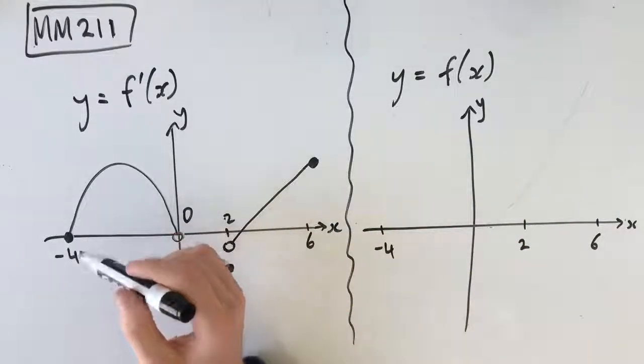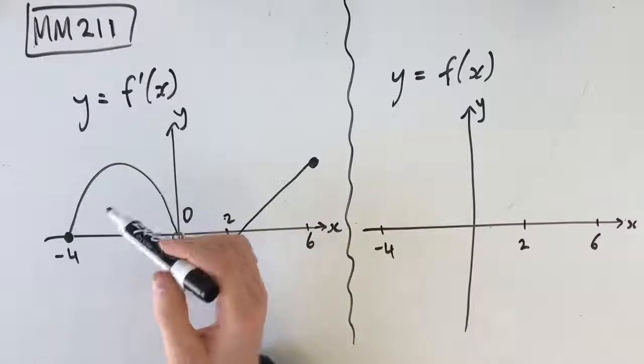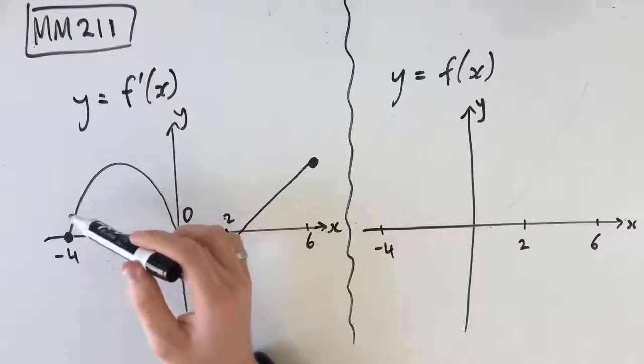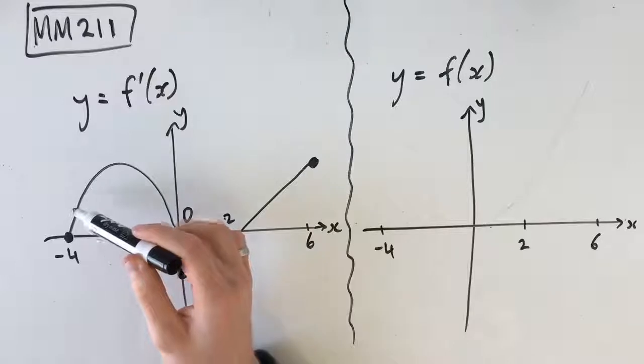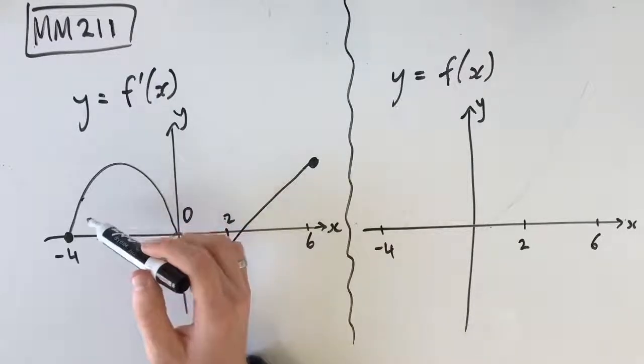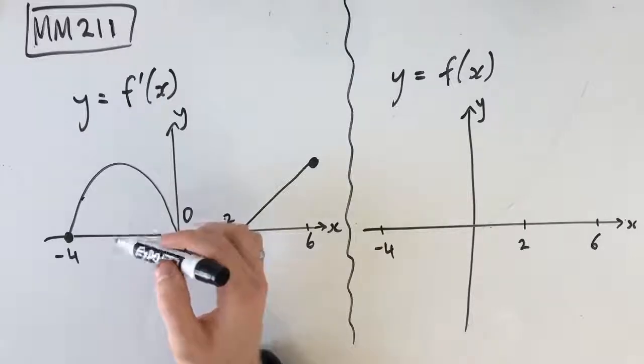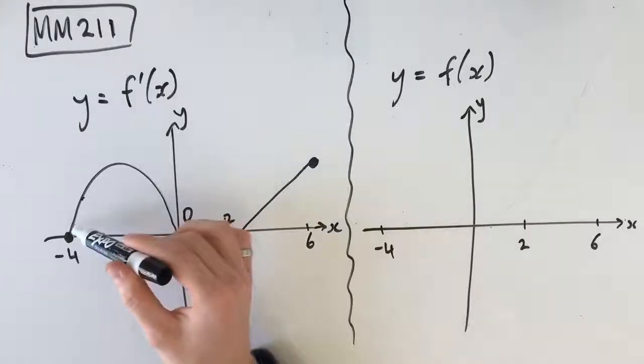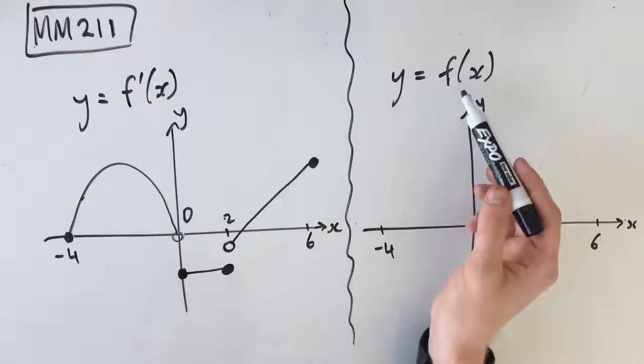So if our gradient function is a parabola or a quadratic, what that means is we're actually going to get a cubic for the original function, okay?